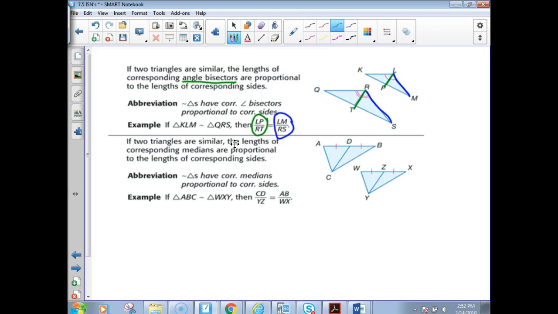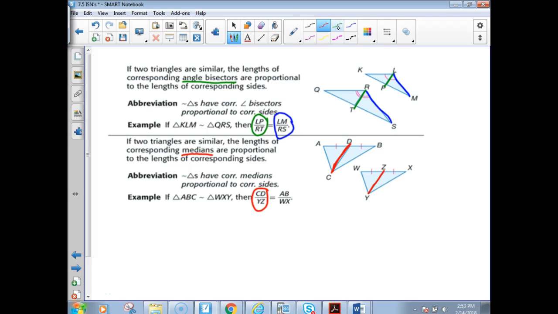Next, it says, if two triangles are similar, the lengths of the corresponding medians are proportional to the lengths of the corresponding sides. The medians are CD and YZ. What a median is, again, is a segment. We've already talked about this in Chapter 5, or the end of last semester. They are segments that go from a vertex to the midpoint of the side opposite and cut that side in half.